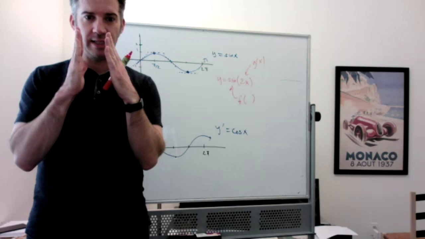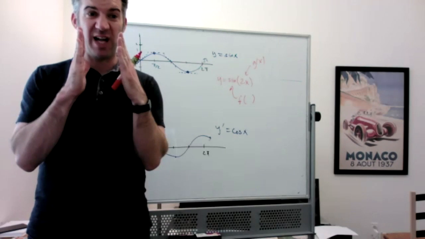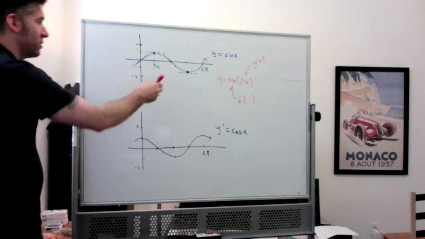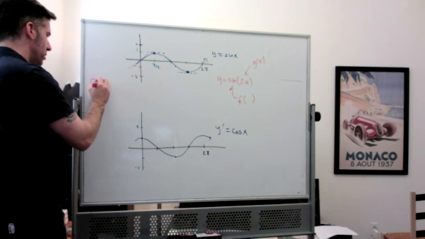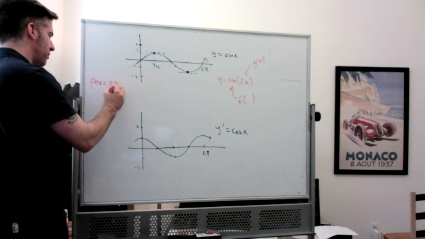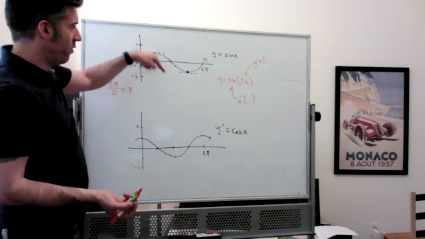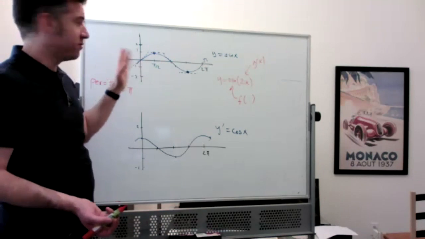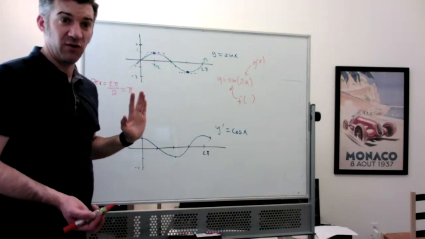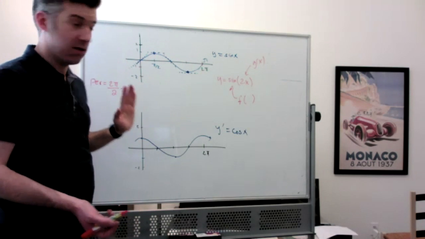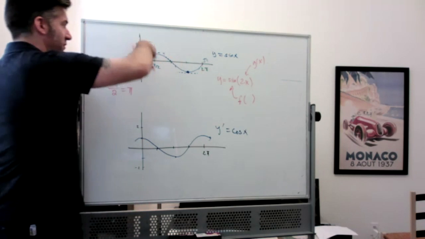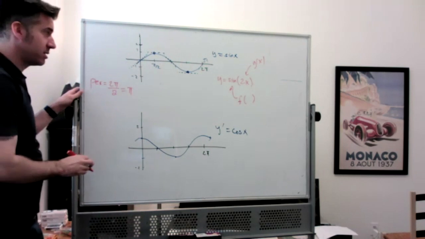It smushes it. It makes the period shorter by a factor of 2. So my period for sine of 2x is 2 pi divided by 2, which is just pi. So instead of getting a full cycle of sine from 0 to 2 pi, now I'm going to get a full cycle of sine from 0 to just pi. That means all of this motion has to happen in half the space.